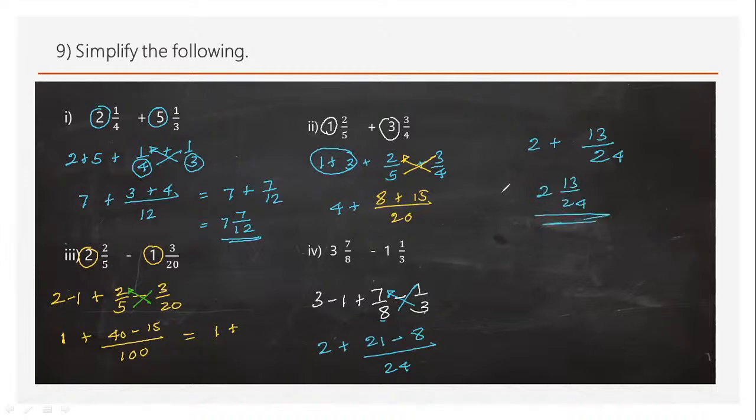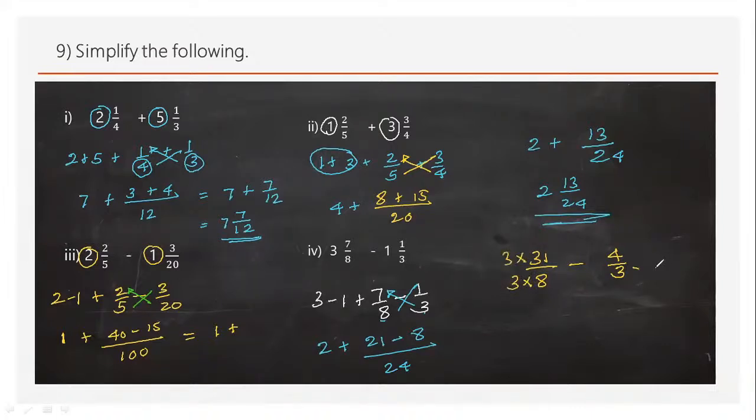Those who follow the other method, now look at here. 8 times 3, 24. 24 and 7, 31 over 8 minus 3 times 1, 3 and 1, 4 over 3. We want to convert this to a common denominator. So this is multiplied by 3. This is also by 3.